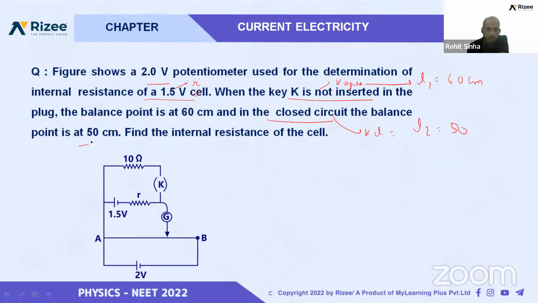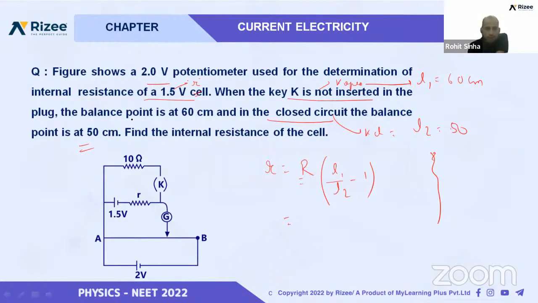You see here, we know the total resistance R is equal to R into (L1 by L2 minus 1). What you will do is write here the value of R. Is something given or not? The figure shows a potentiometer for determination of internal resistance.